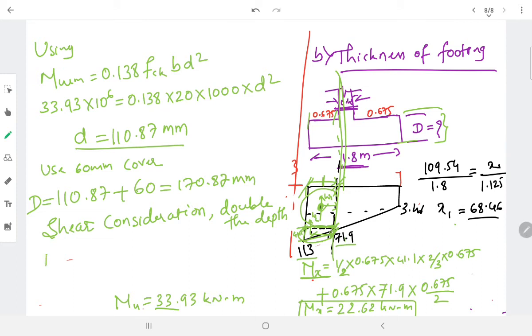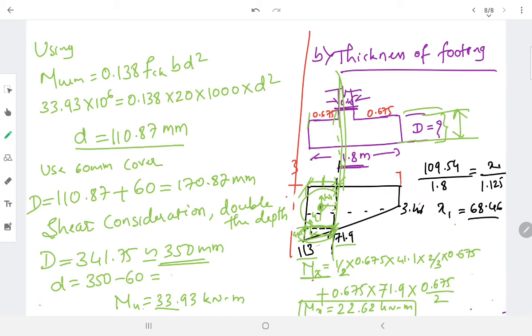Instead of 341.75, I just round it off to 350 mm. So my overall depth of the slab is 350 mm, and here effective depth is 350 minus 60, that is 290 mm. This is how we calculated the depth of the slab, or the footing.